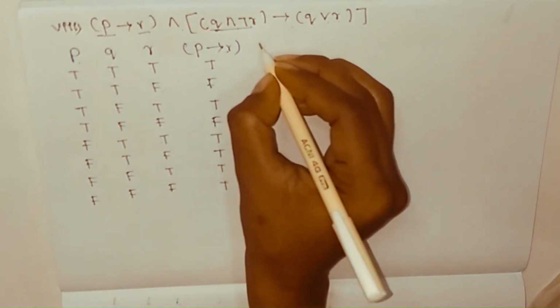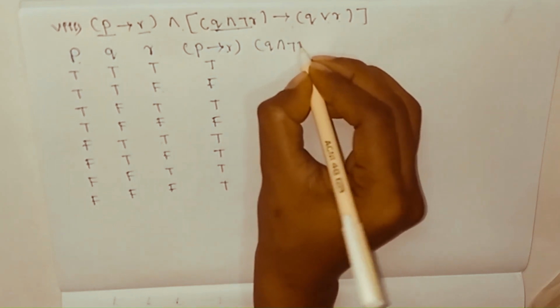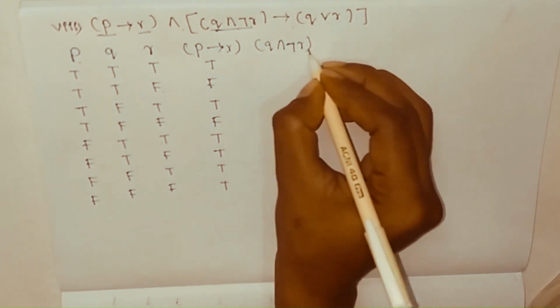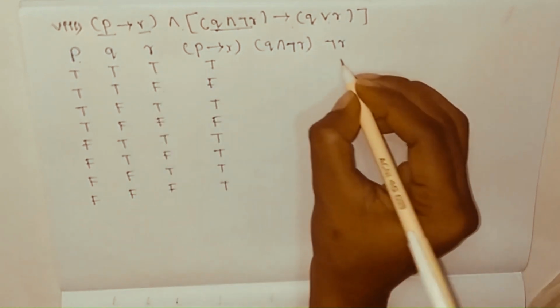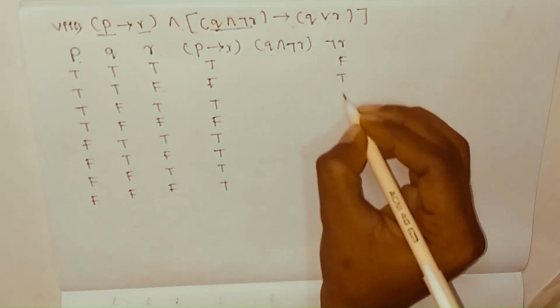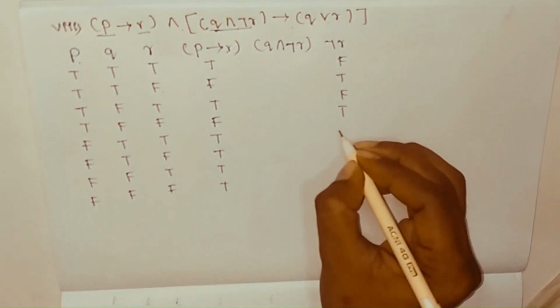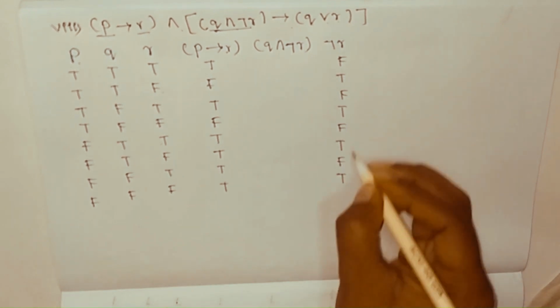And we are applying the AND operation to Q and negation R. Here negation is there, so we have to apply negation to R. Negation R is nothing but true means false: false, true, false, true, false, true, false, true.